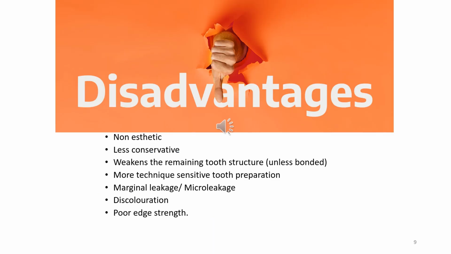The disadvantages of dental amalgam are, first, it is a non-aesthetic material; second, it requires a less conservative approach; third, it weakens the remaining tooth structure; fourth, it is more technique sensitive in tooth preparation; fifth, it has micro leakage property; sixth, it causes discoloration; and last, it has a poor edge strength.